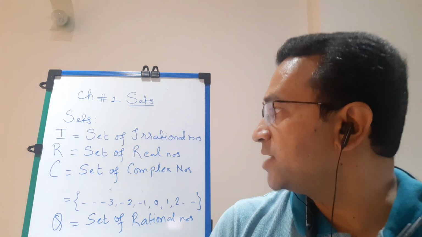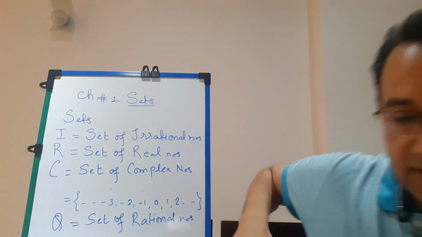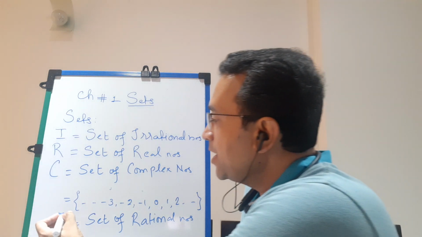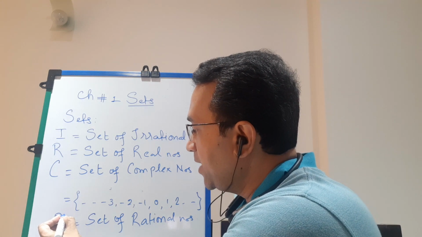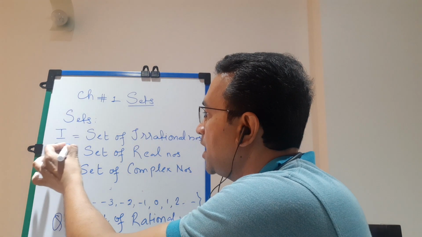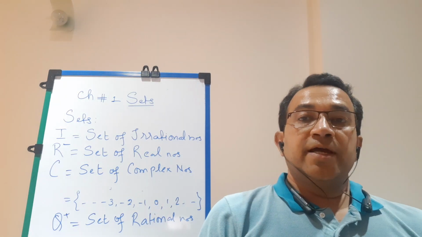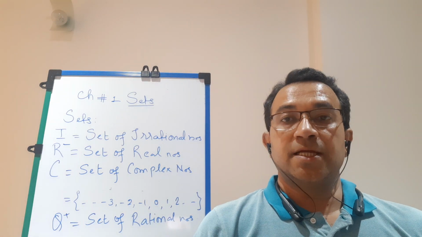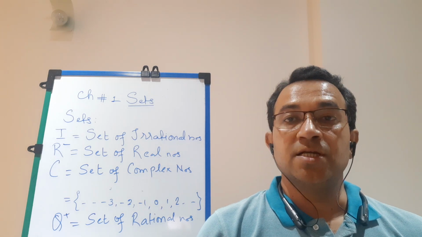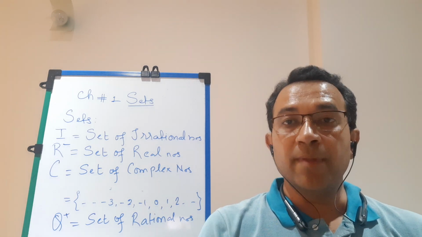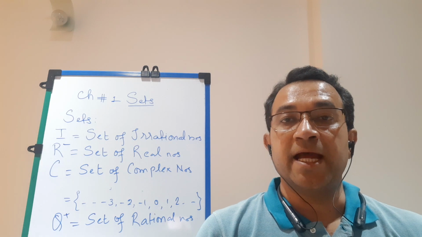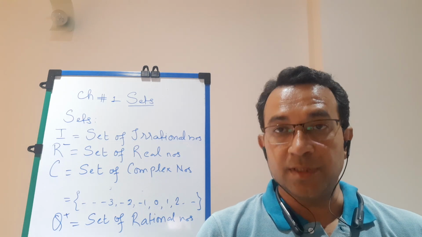Now, students, these sets have some special symbols. If I write Q plus, it indicates positive rational numbers. If I write Q minus, it indicates negative rational numbers.